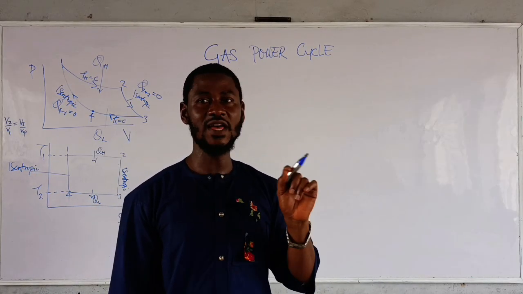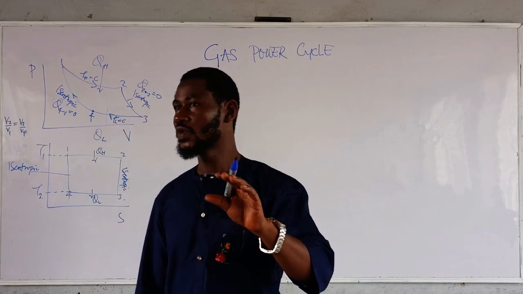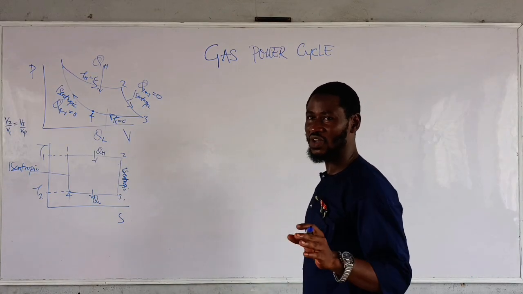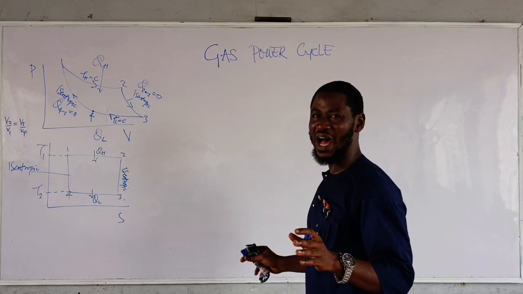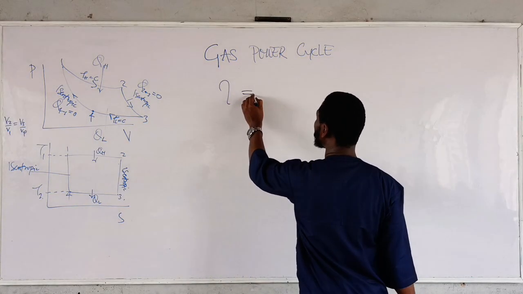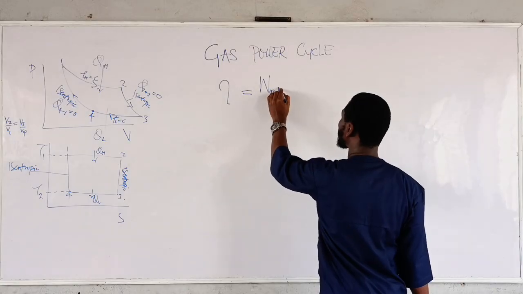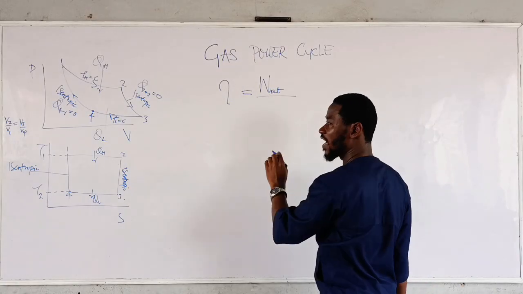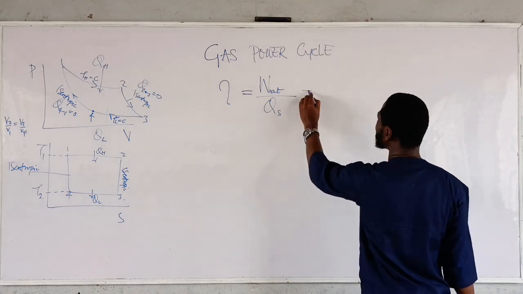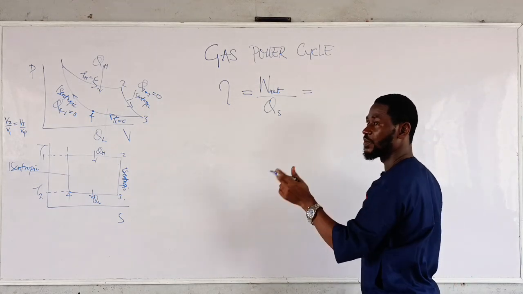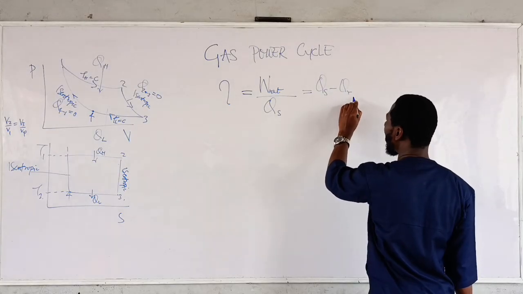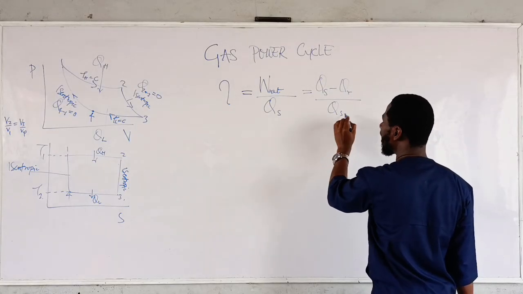For any cycle efficiency that involves an engine, heat pump or refrigerator, it is always given as the net work output divided by the heat supplied to the system. The net work output simply means QS minus QR, over QS.